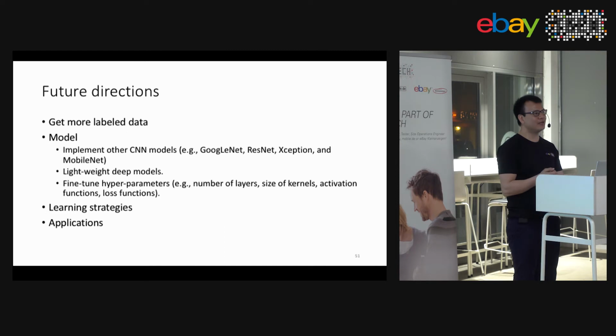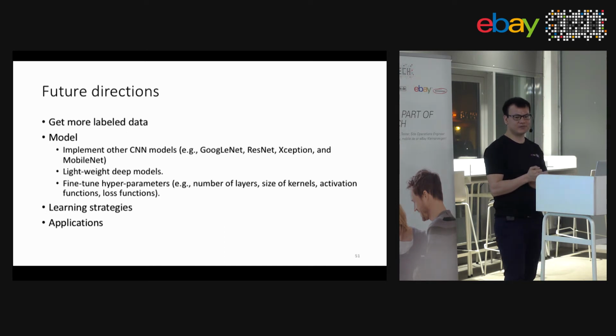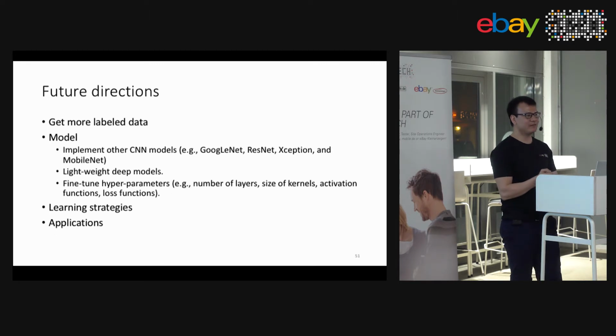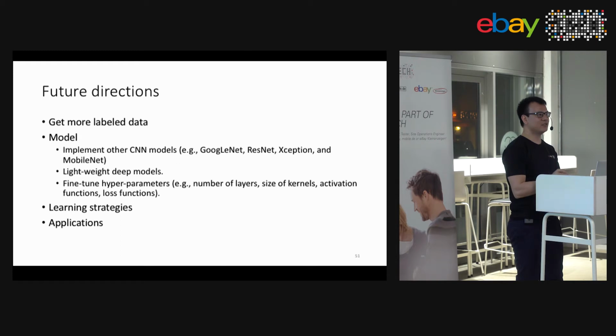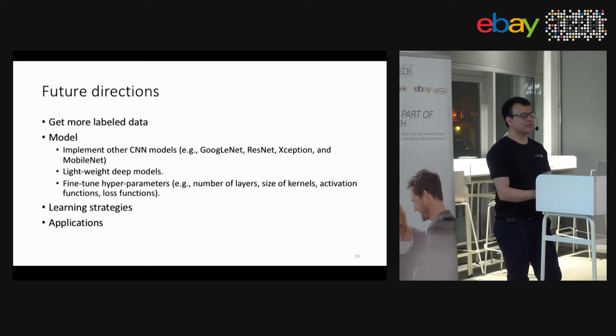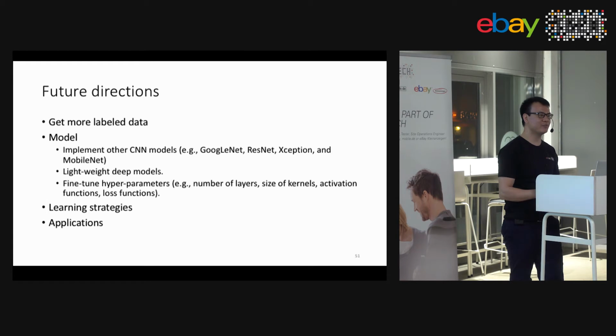The second direction is in terms of model. We picked VGG because it's very easy to implement. We could also try other advanced convolutional neural networks. These deep learning neural networks have too many weights to be trained. We call it a heavyweight neural network.